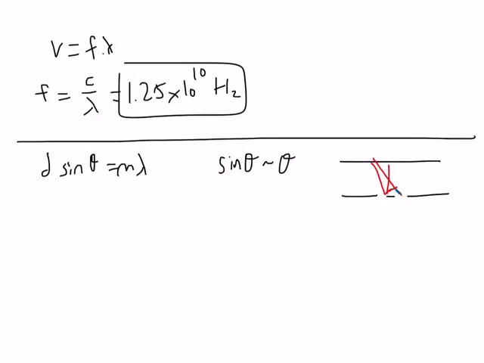That's what we really care about. And if the angle is small, that is something we can solve for pretty straightforwardly. And that's where that d sine theta comes from, but we have to remember what sine theta is on this picture. Sine theta is really from this triangle.